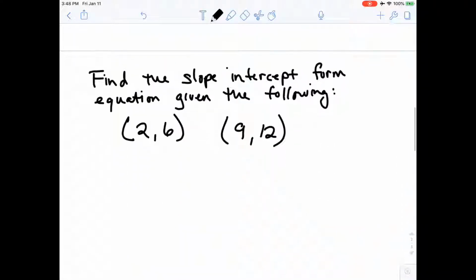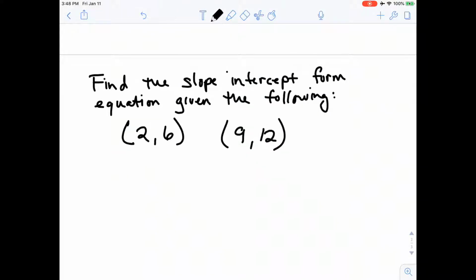Find the slope-intercept form equation given the following. This time it ties in what we covered in the slope video with what we're doing today. So you know that this is my x1, y1, x2, y2. First you need to find the slope.